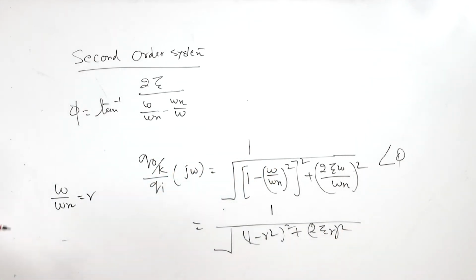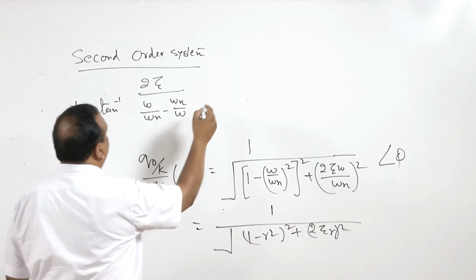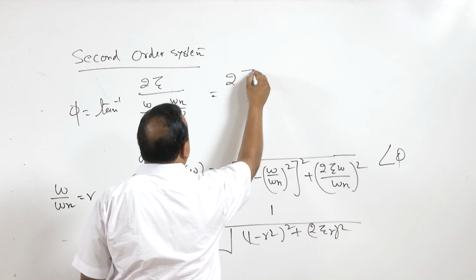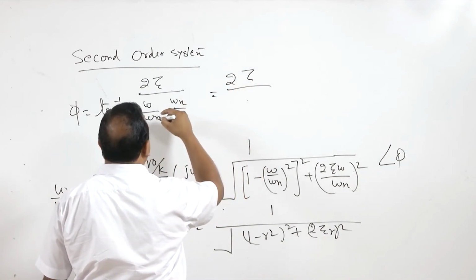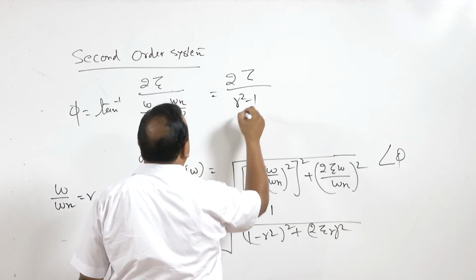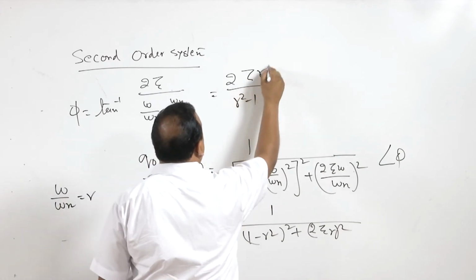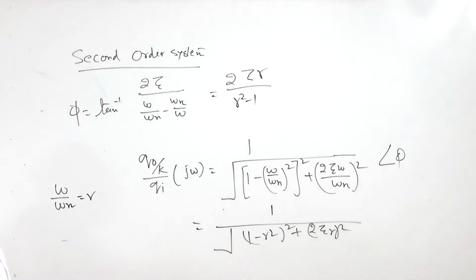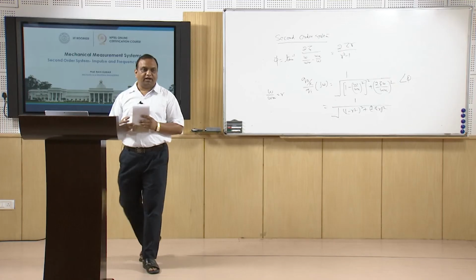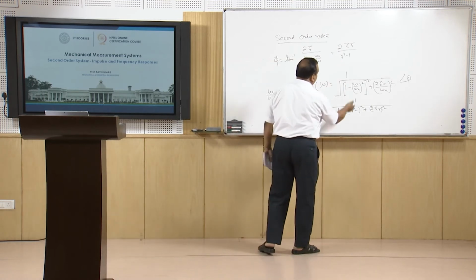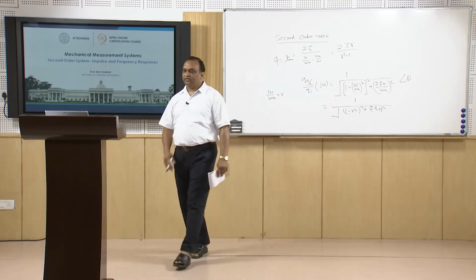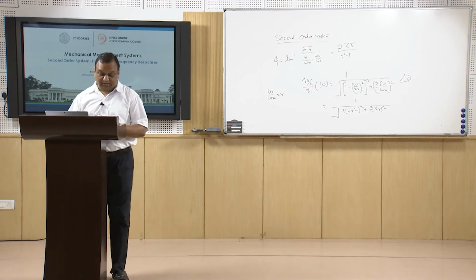Just for the sake of remembering the things. And here also we can write tan inverse of 2 zeta r by (r square minus 1), if you multiply numerator and denominator by r. So this is easy to remember, right? Otherwise both the expressions are same.